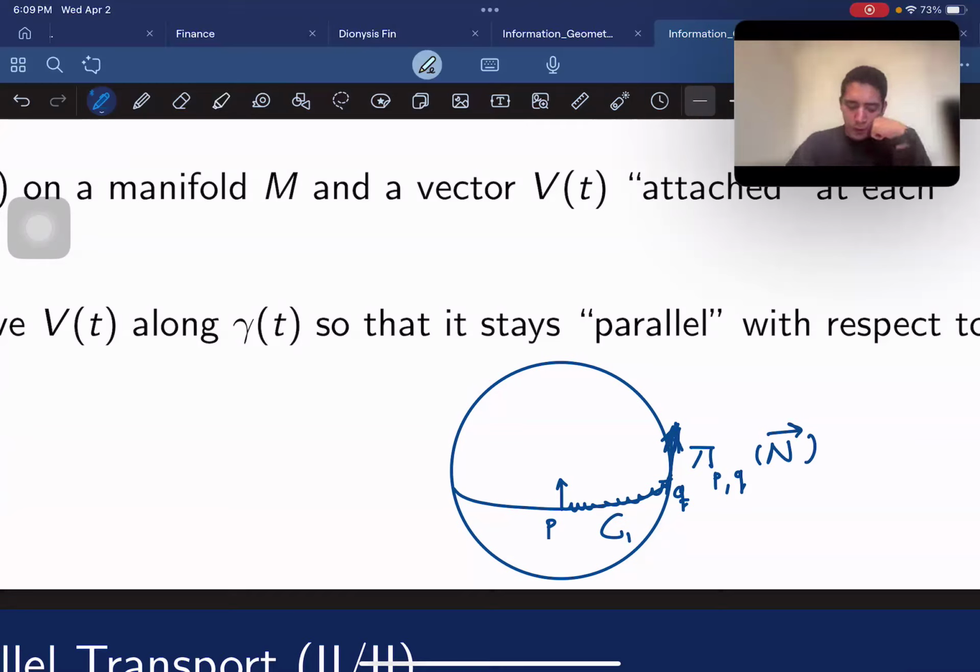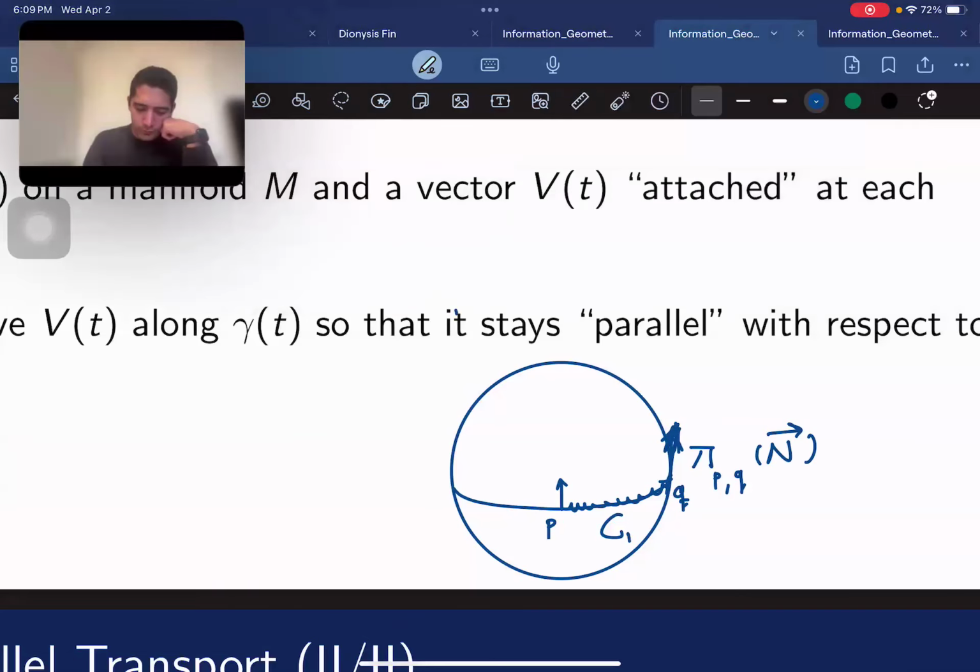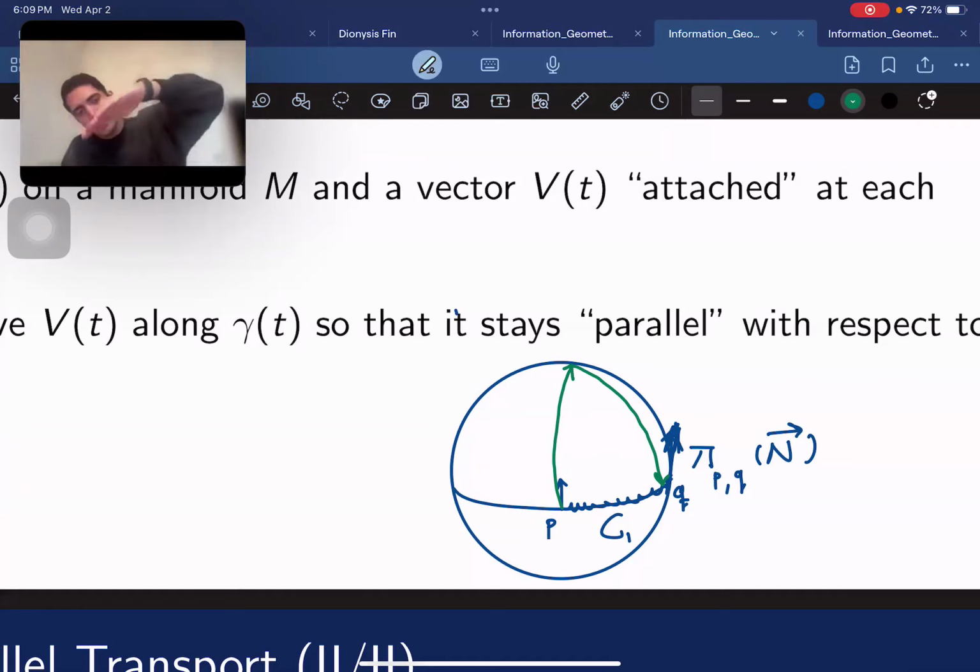But what if I take this other path? First coming over here, then coming down. Consider again the glued north vector. So it would come up, and then as you come south, it would essentially be showing south.